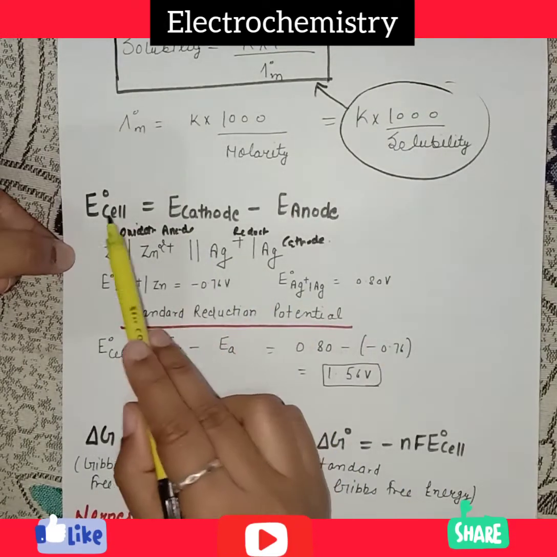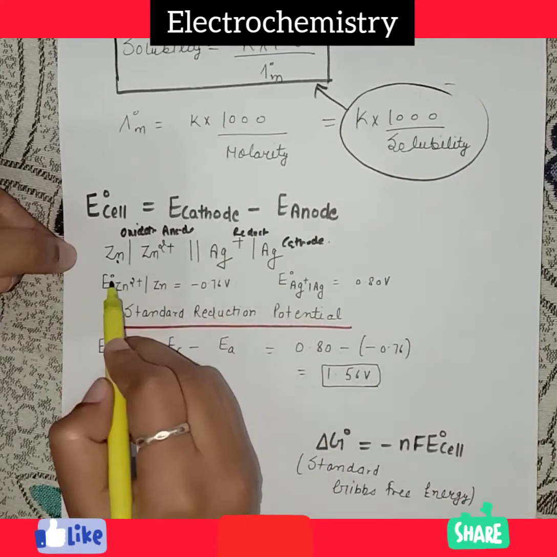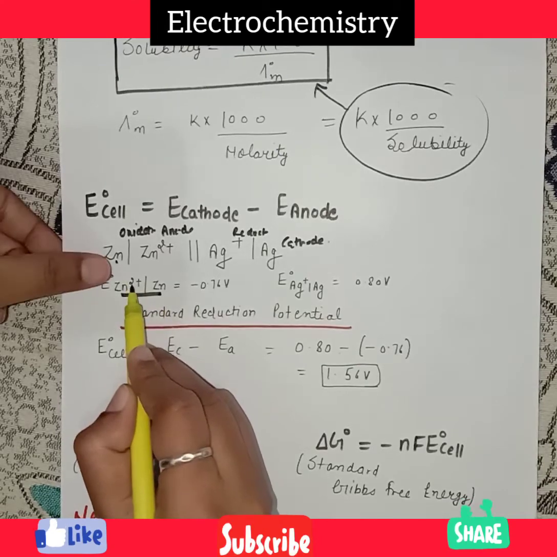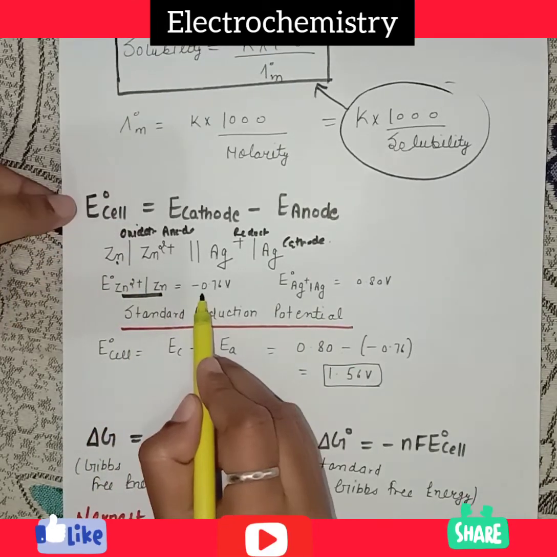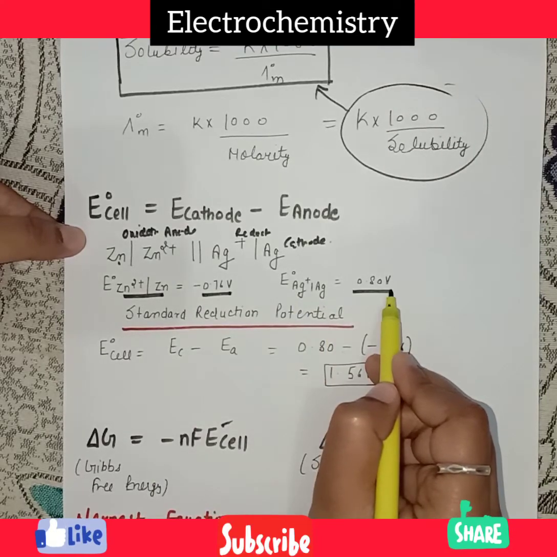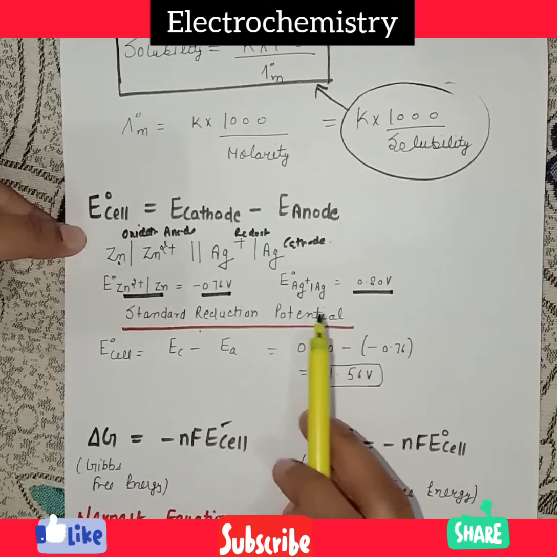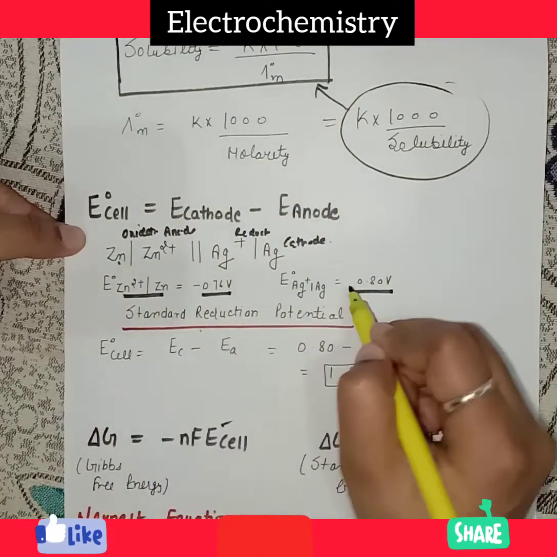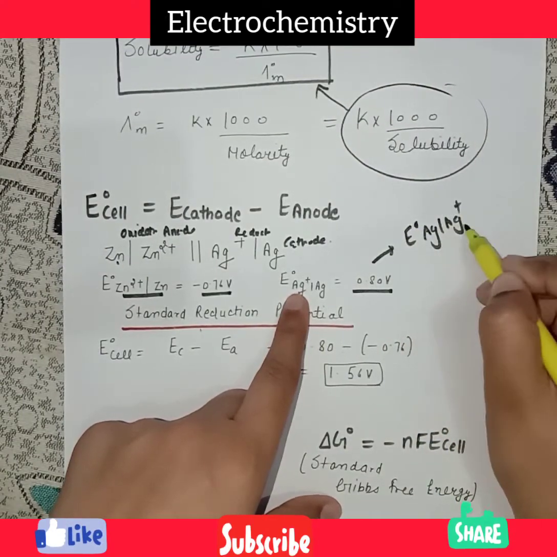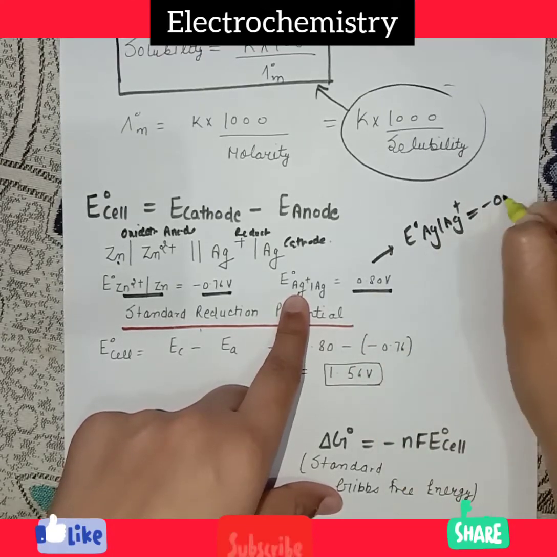So guys, we have to apply this formula, but look here, this is E naught Zn²⁺ to Zn. This is the reduction potential because the oxidation state decreases, and this is 0.76. This is also a reduction potential, 0.80, and you have to put standard reduction potential values in this formula. If you are given E naught in this way, it is not a standard reduction potential, it is an oxidation potential, then simply you change the sign.